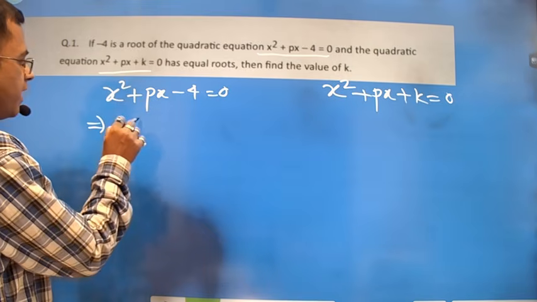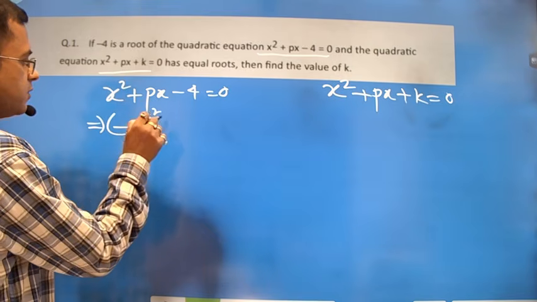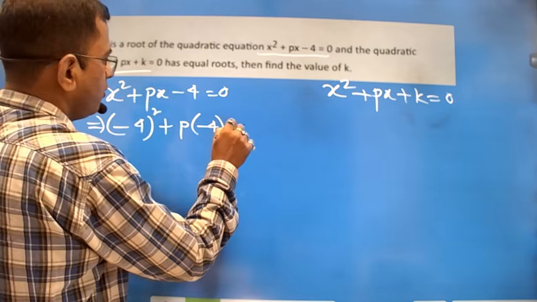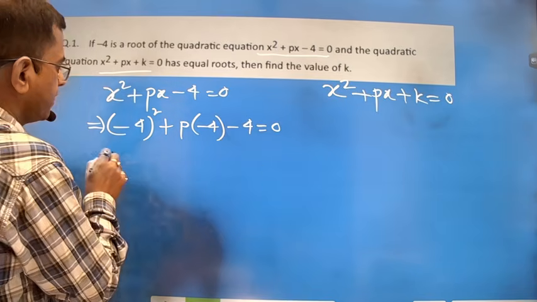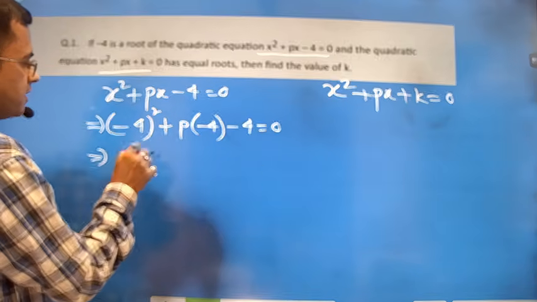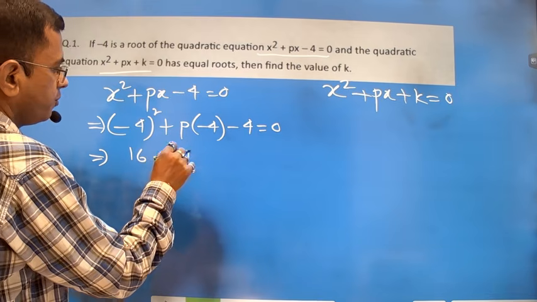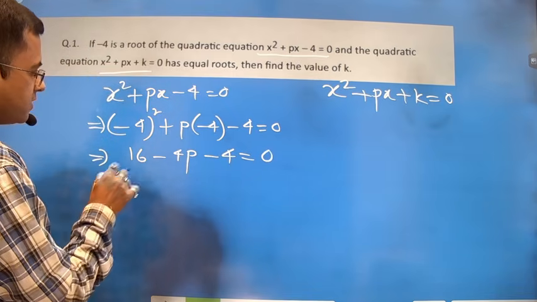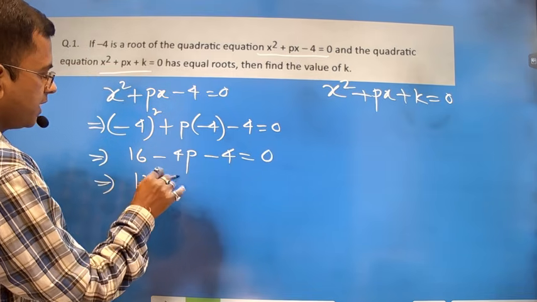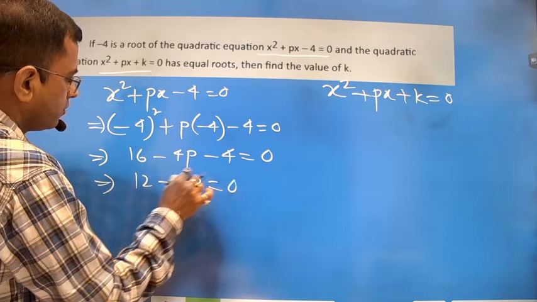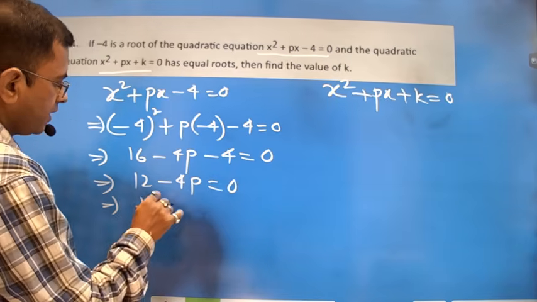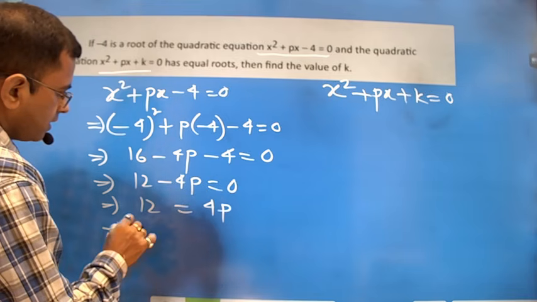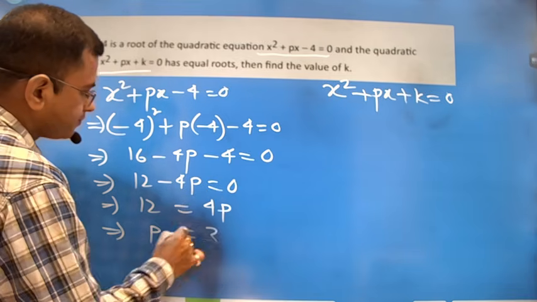If you put x equal to minus 4, the left hand side will be equal to the right hand side. That is 16 minus 4p minus 4 equal to 0. 16 minus 4 is 12, minus 4p equal to 0. That is 12 equal to 4p, so p equals 3.